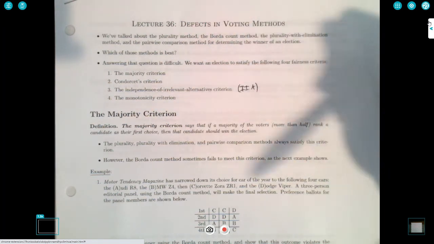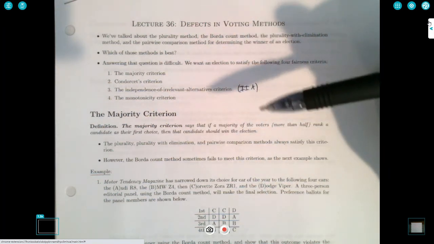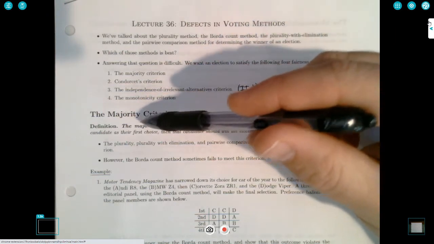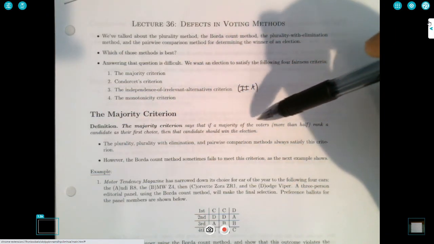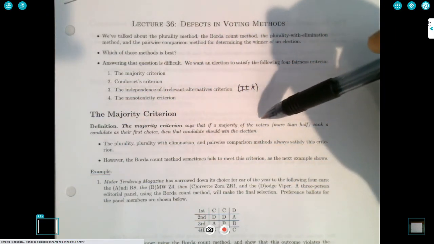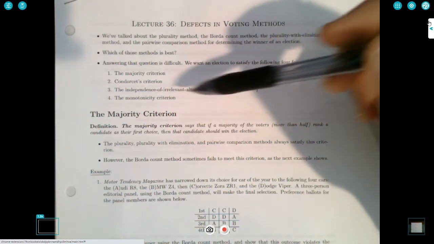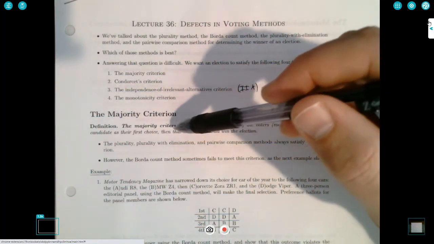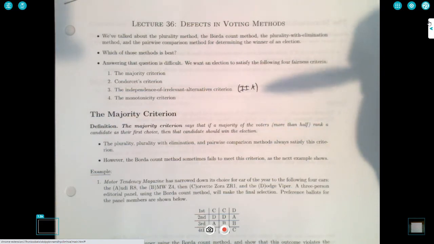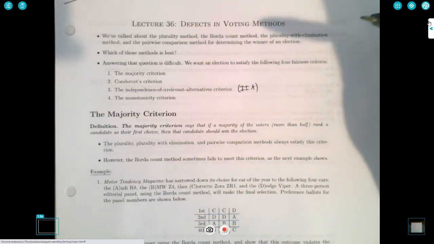So let's start off by talking about the majority criterion. It's pretty straightforward. The majority criterion says that if a majority of the voters, in other words, more than half, rank a candidate as their first choice, then that candidate should win the election. Okay? That's obvious, right?